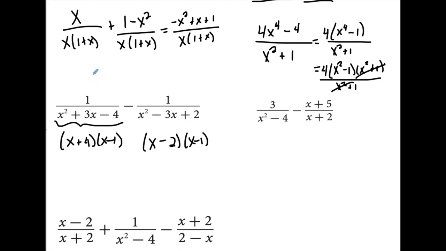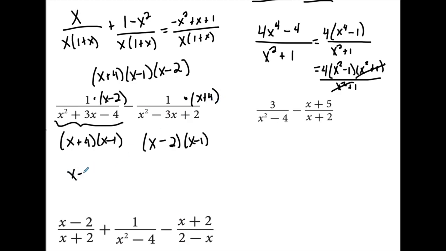The LCM that we need to shoot for is x plus 4, x minus 1, x minus 2. Then we get the x minus 1, x minus 2, and we get the x plus 4, x minus 1. So we get everything. Okay, so what that means is this one is going to need to get multiplied by x minus 2. That's what's missing there. And this one's going to need to get multiplied by x plus 4 because that's what's missing there.